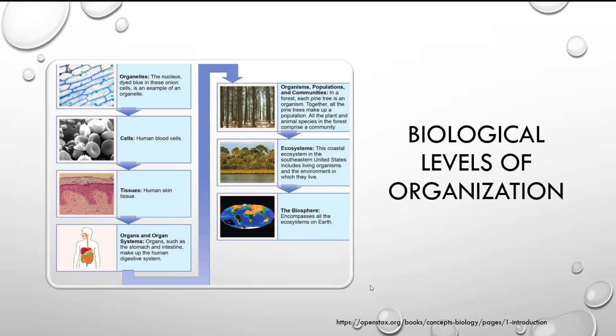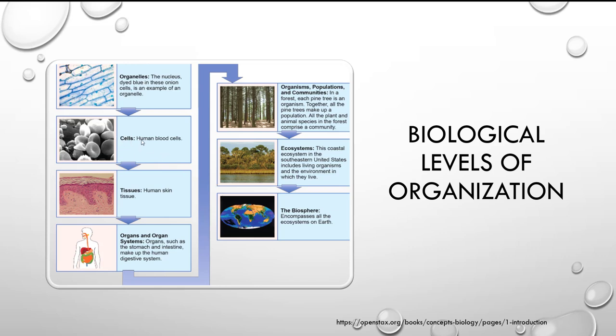Okay, so here's kind of just looking at most of the levels in one slide. So you're thinking of the smallest unit of life being the cell, and then the cell being composed of organelles, okay?